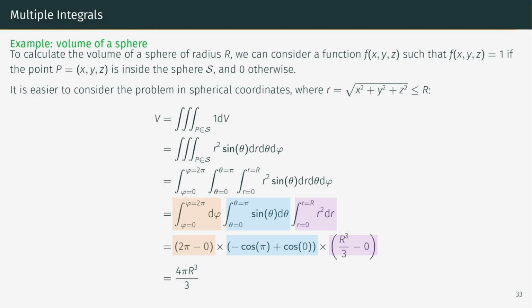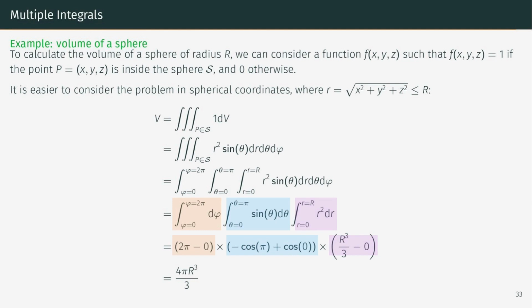It's easier to consider the problem in spherical coordinates, where small r equals the square root of x squared plus y squared plus z squared is less than or equal to r, the radius.